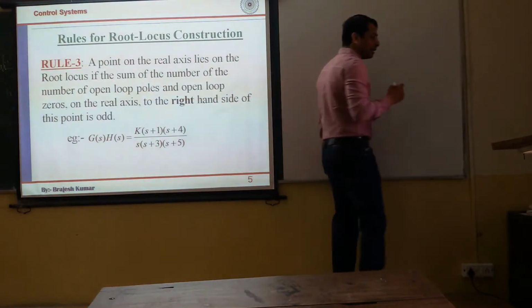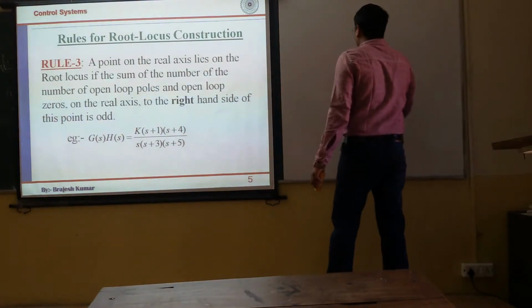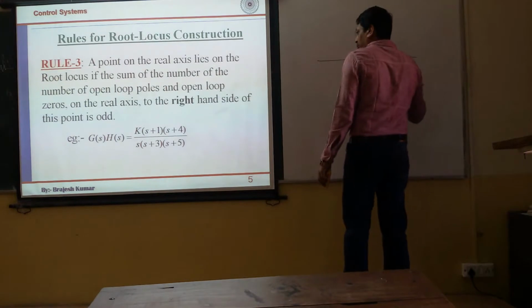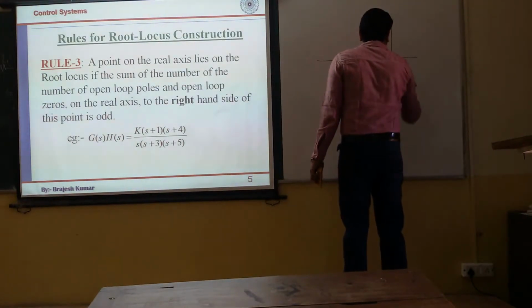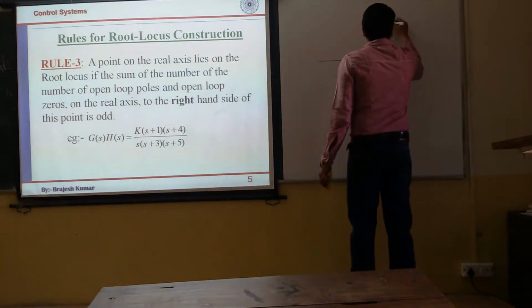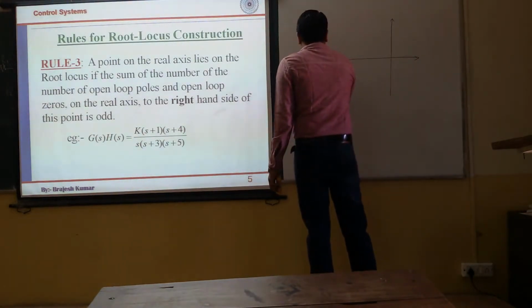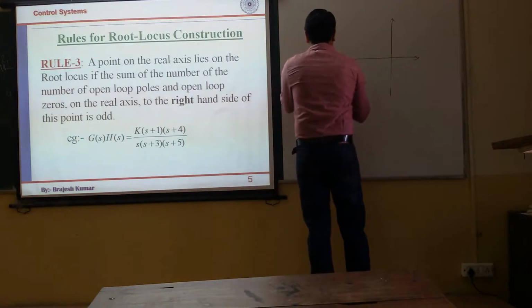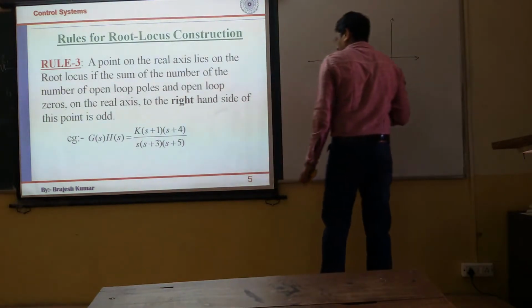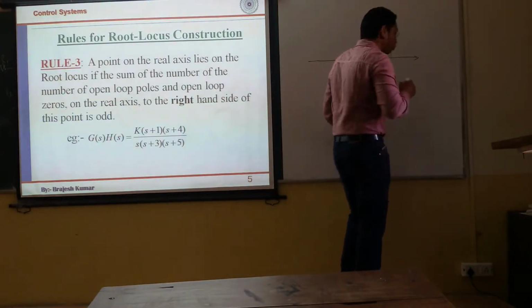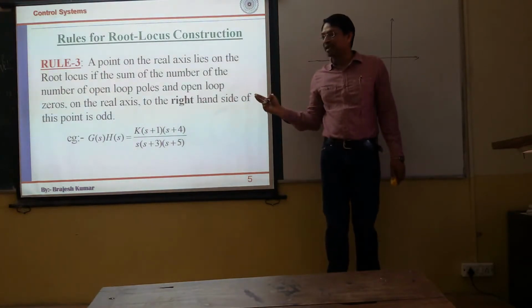I have taken an example: suppose G(s)H(s) is equal to K multiplied by (s plus 1)(s plus 4), and in the denominator it is s multiplied by (s plus 3) multiplied by (s plus 5). So we are having two zeros and three poles.